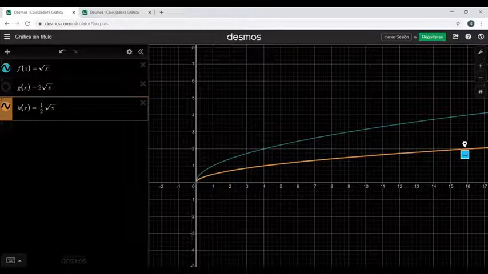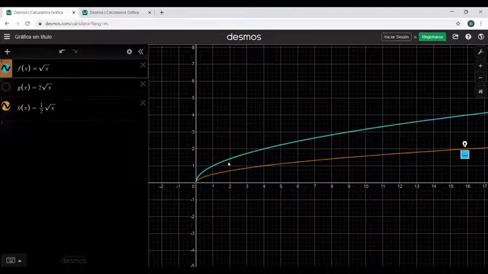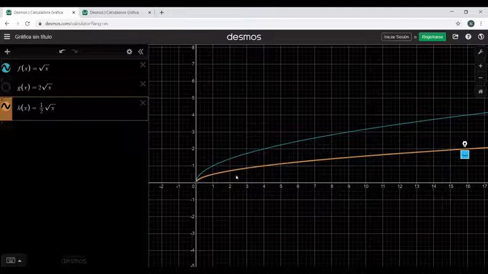You see what I'm saying? Don't get confused. I'm going to repeat. This is my original function, and this could be called a stretch with scale factor 1/2 or a compression of factor 2. The most usual one, though, is a stretch of scale factor 1/2.